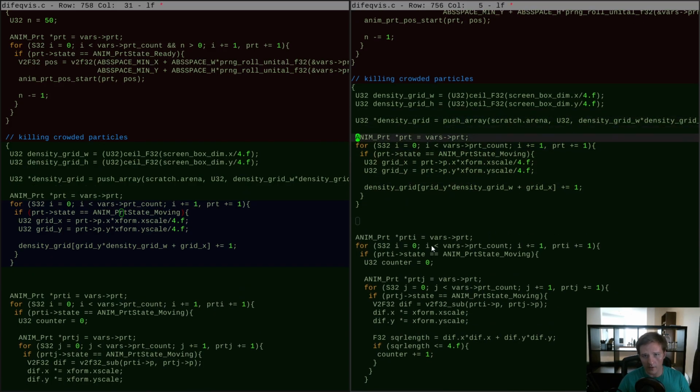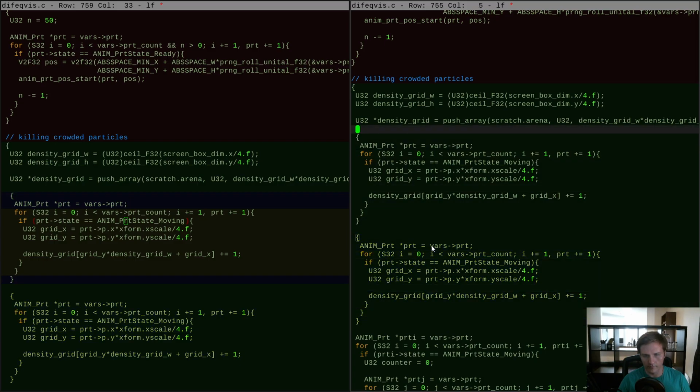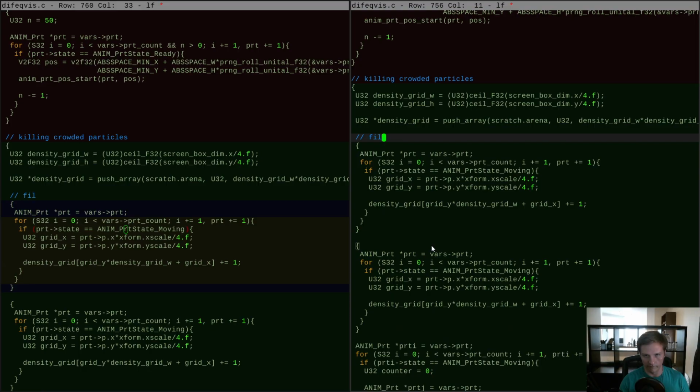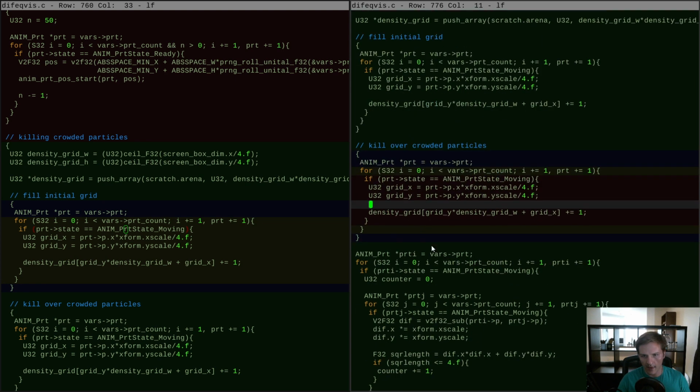Then we do a second loop over the particles. And here we grab the grid X and grid Y again.